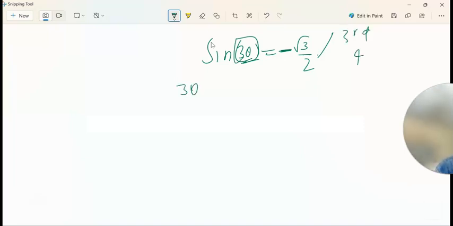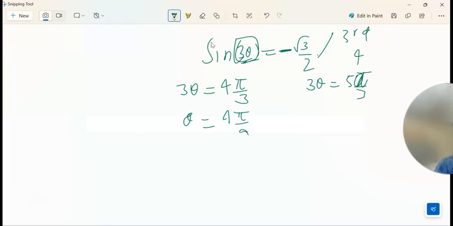So your 3 theta has to be 4 pi by 3 and the other 3 theta has to be 5 pi by 3. You do this first, divide by 3, and then theta is 4 pi by 9, and the other one is theta equals 5 pi by 9.